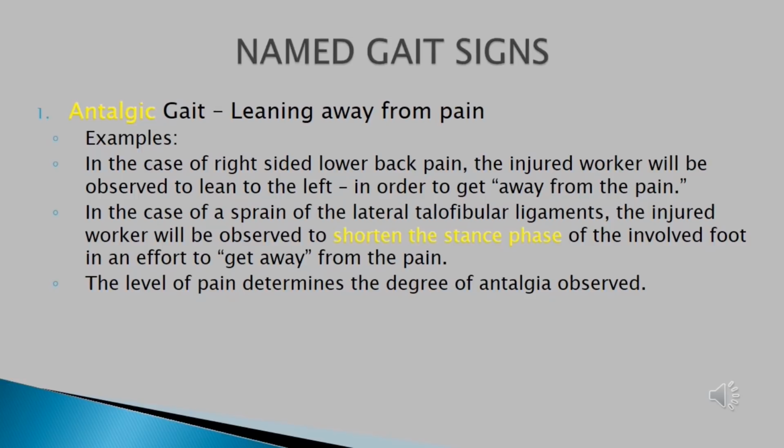For example, in the case of right-sided lower back pain, an examinee will be observed to lean where? They lean to the left, in order to get away from the pain, which is on the right.